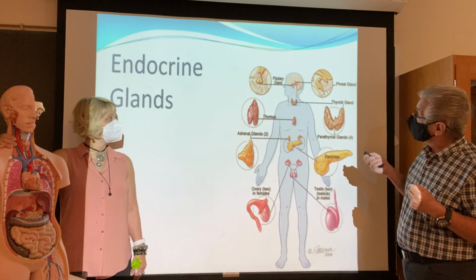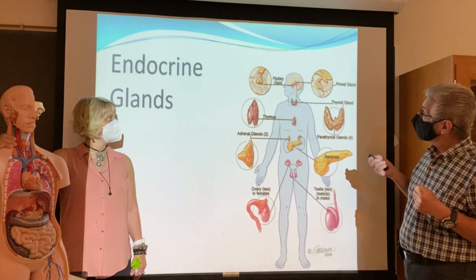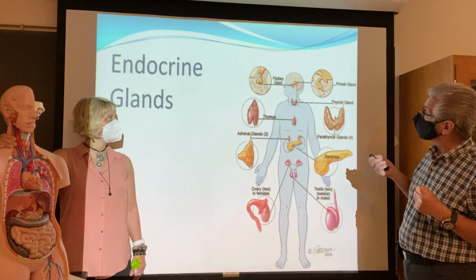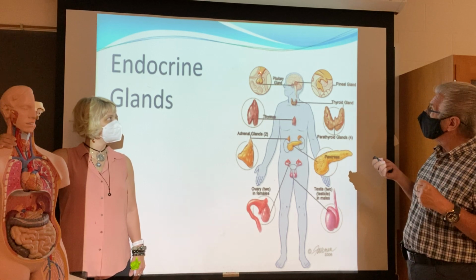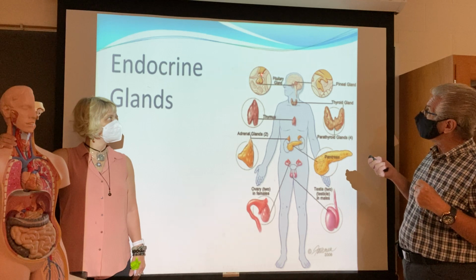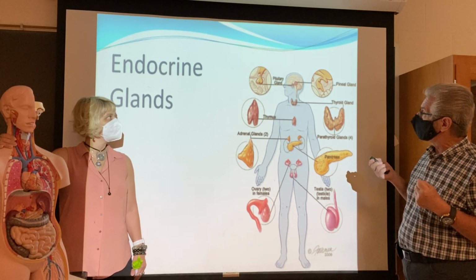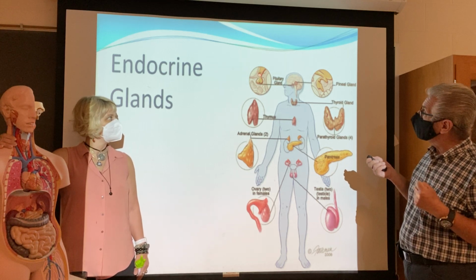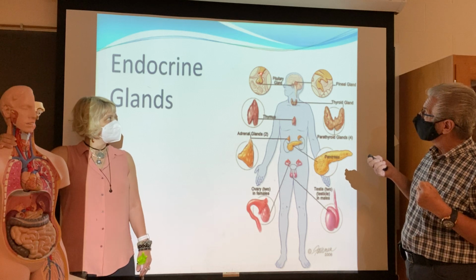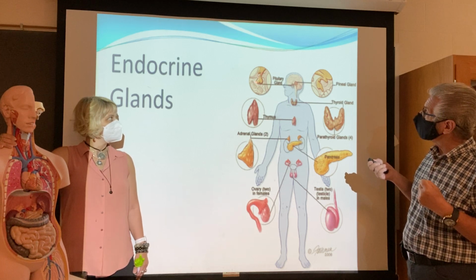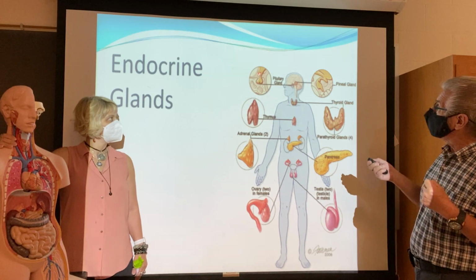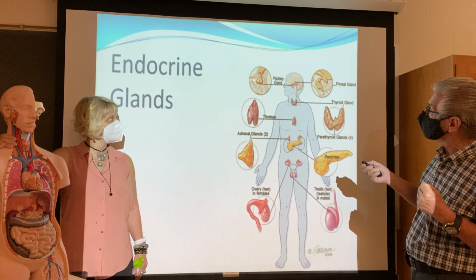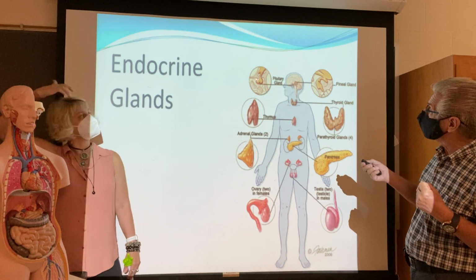The hypothalamus is involved in the release of factors, and now we call them hormones. They are releasing or inhibiting hormones that will affect both the anterior and the posterior pituitary gland, which is housed, as you can see, in the sphenoid bone.